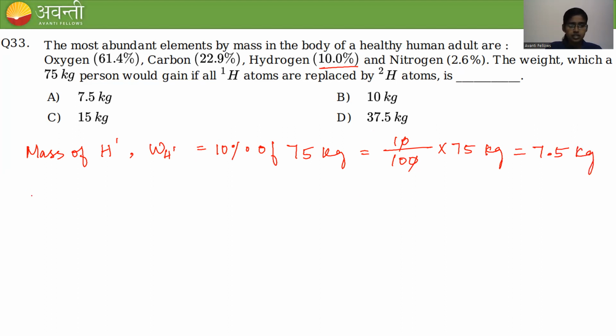Okay. And since the mass of H2 is double, H2 is having double the mass of H1, right?